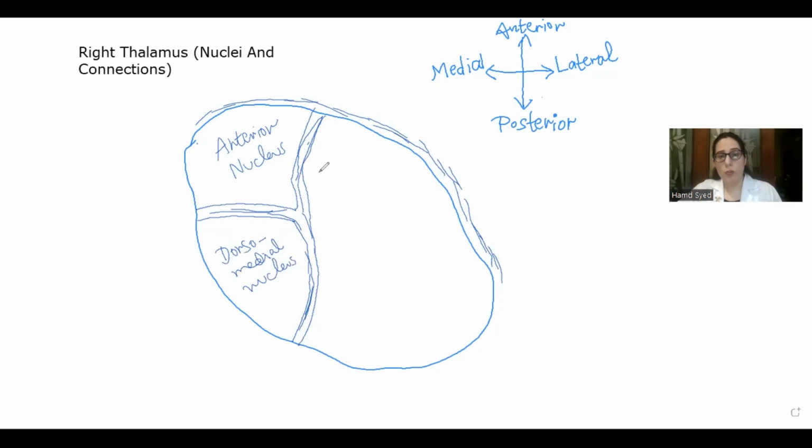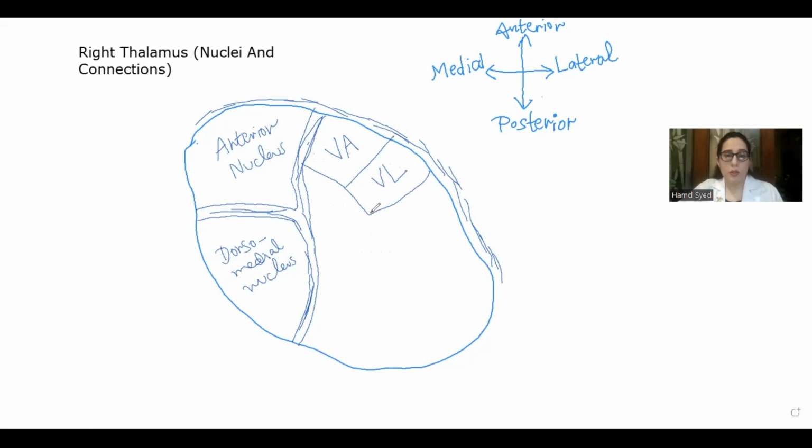Whereas this larger part over here is now the lateral region, and it is subdivided into different nuclei. So you can say that it is further subdivided into two main parts, which are the ventral tier and the dorsal tier. The ventral tier consists of the VA, that is ventro-anterior nucleus, and the VL, which is the ventrolateral nucleus.